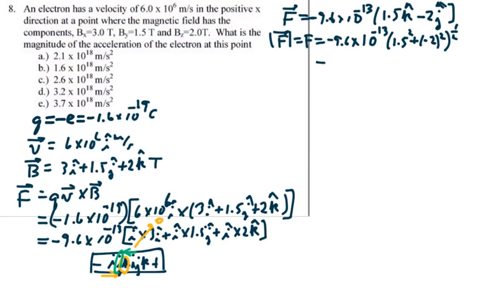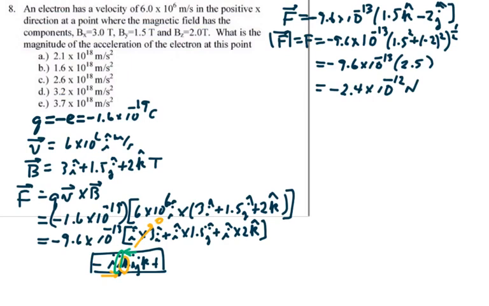So this is going to be negative 9.6 times 10 to the minus 13 times 2.5, which is negative 2.4 times 10 to the minus 12 newtons.